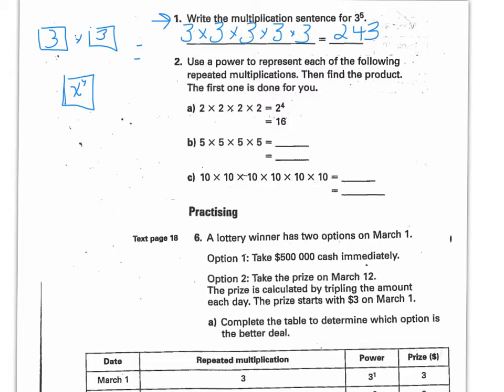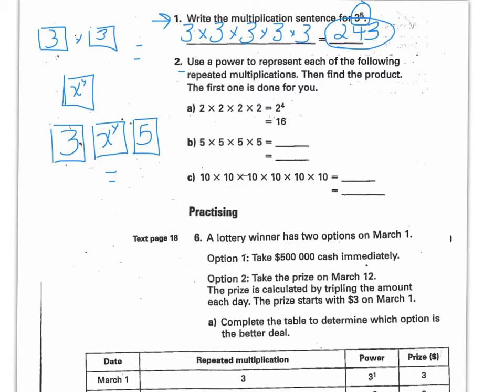To use this, you press 3, which is the number we're multiplying, then the X button with the Y, the power button, and because we're multiplying it by itself, 3 to the power of 5, now you press the 5 button and equals. You should also come up with 243.